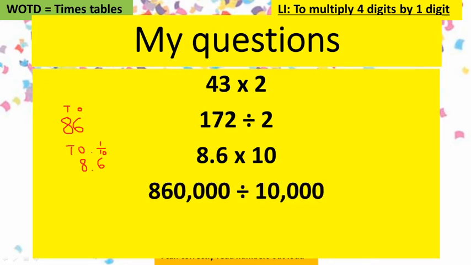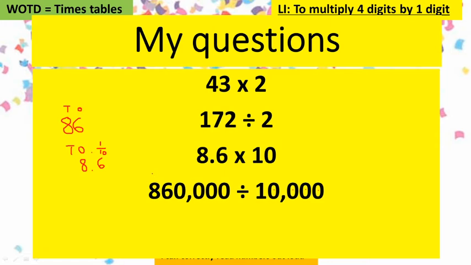Then I have used my work that we've been doing recently. I've taken it a little bit further because this time, rather than dividing by 1,000, we're dividing by 10,000, which is a little bit further than we've been doing, but you've probably noticed a pattern. If we're dividing by 10, it goes 1 to the right, 100, 2 to the right, 1,000, 3 to the right, 10,000 must be 4 to the right.